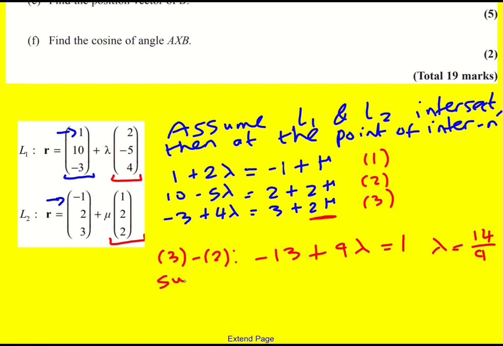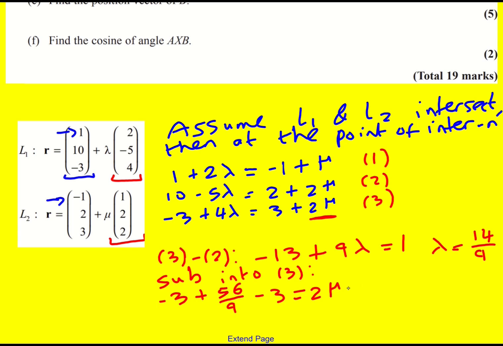I can then sub this back in, sub into either 2 or 3. I'll go with 3, I think. Then I would get minus 3 plus 14 times 4, that's going to be 56 over 9. And then if I minus 3 again, that will equal 2 mu.